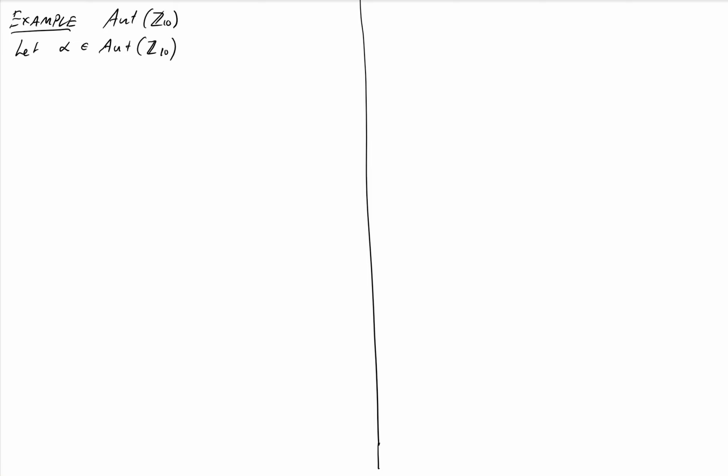This is where understanding how isomorphisms work is really useful, and we can consult our list of properties. Because we know that alpha of 1, for example, is going to give us a lot of information. We know everything. Why is that?